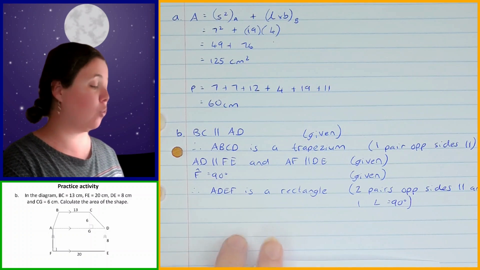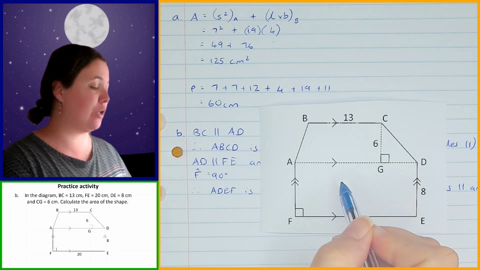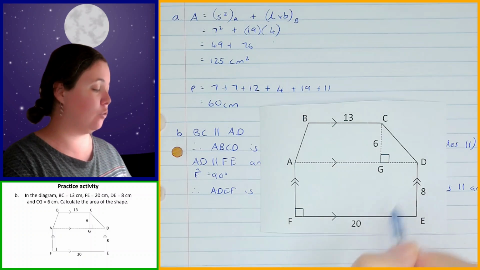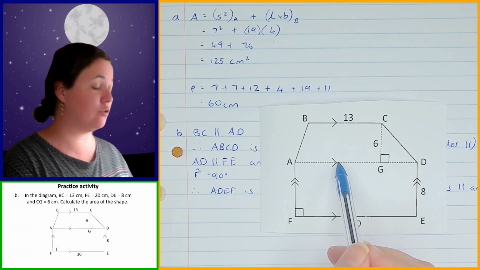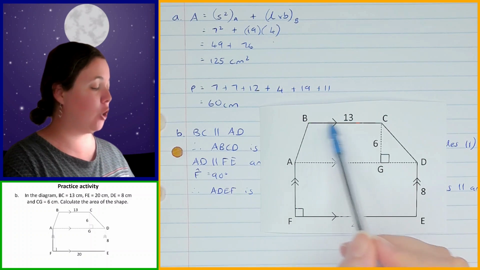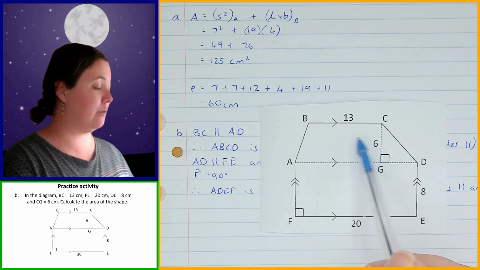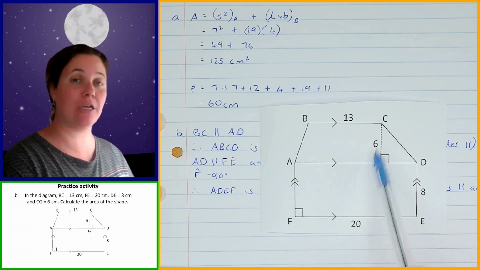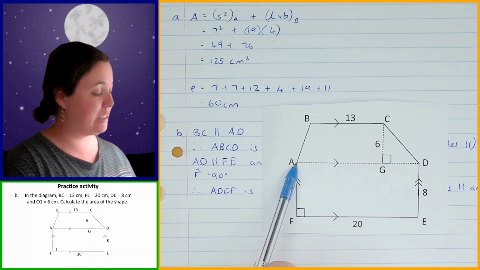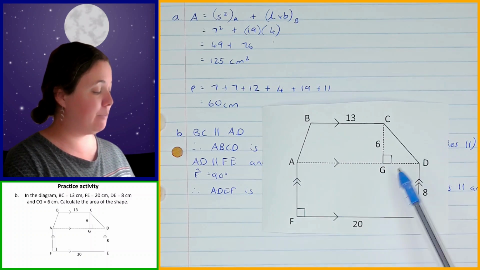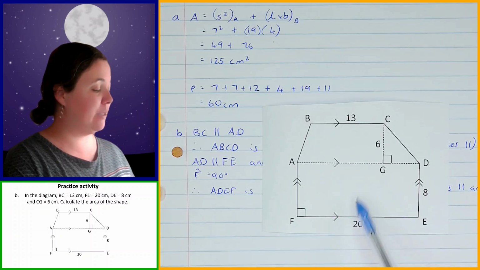Right, now that I know what quadrilaterals I'm working with, I can use that knowledge to help me work out the area of this whole shape. So remember, to work out the area of a trapezium, we have to take the opposite sides that are parallel to each other, add them, multiply by the perpendicular height and halve it. But in order to work that out, I have to know what this length over here is. So I need to work that out by using the fact that this is a rectangle, so opposite sides are going to be equal.